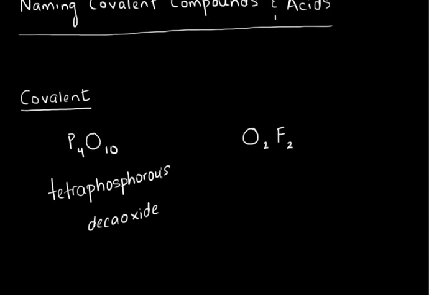And we can notice a few things. Let's disregard these prefixes for a minute. Let's just look at the names. So in ionic compounds, we always keep the cation as having its elemental name. And I've done the same thing with phosphorus here. So I've treated phosphorus as the cation. It's not actually the cation, of course, because these are covalent compounds, so there aren't any ions involved. But I've treated phosphorus, when I'm naming it, as a cation.